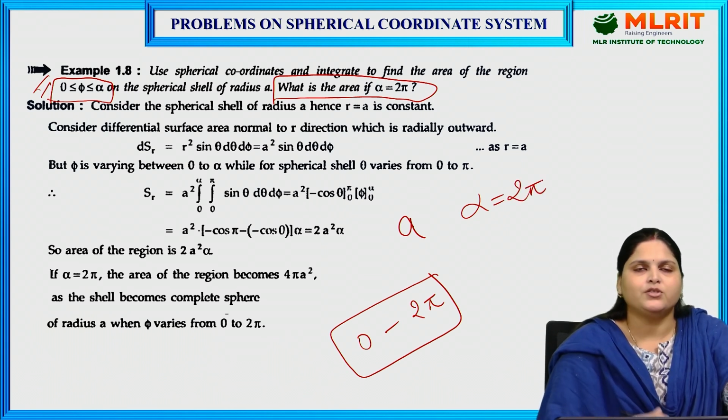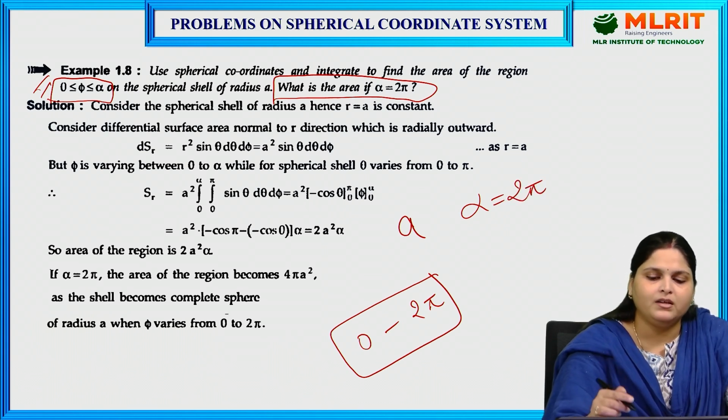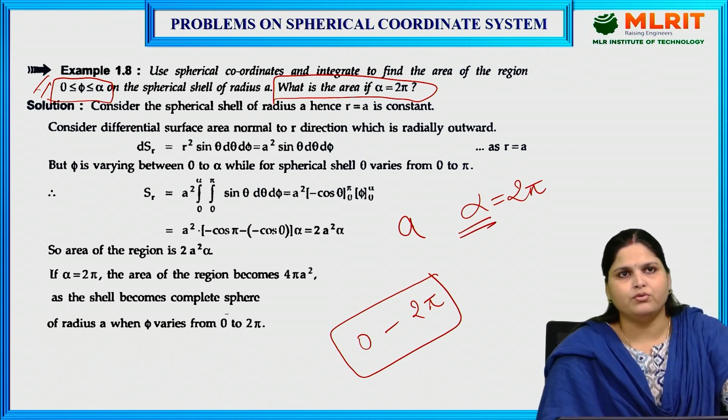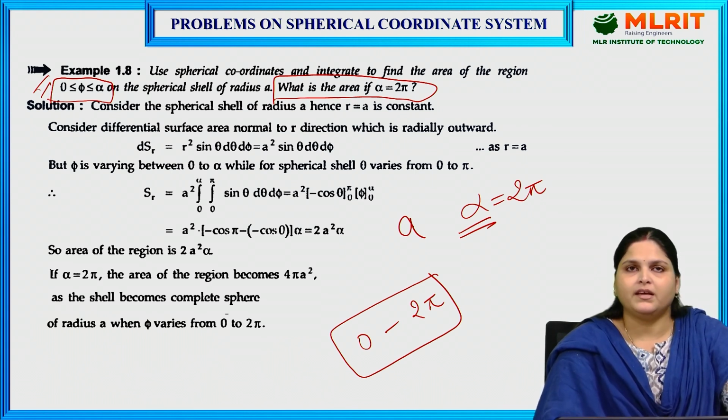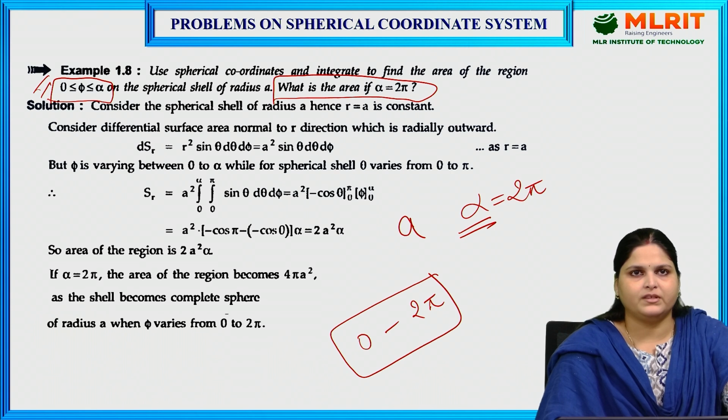So first we will develop the formula in terms of alpha, then we will put alpha equal to 2 pi, which is the actual range of the azimuthal angle in the spherical coordinate system.